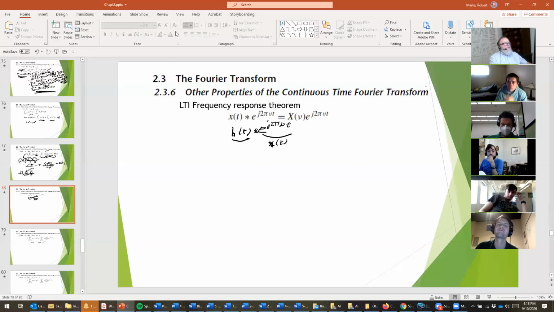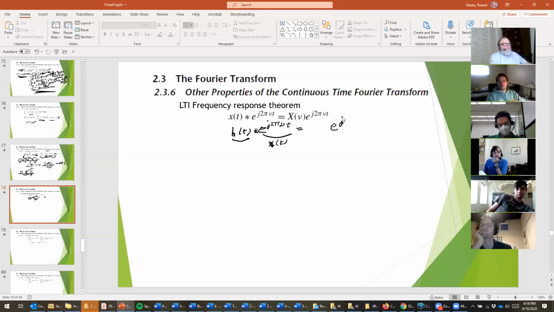And here's the cool result. If we take this x of t, this sinusoid, and we put it into this linear time invariant system with an impulse response of h of t, guess what we get out? We get out exactly the same frequency, except that it is altered, not in frequency, but in magnitude and phase.